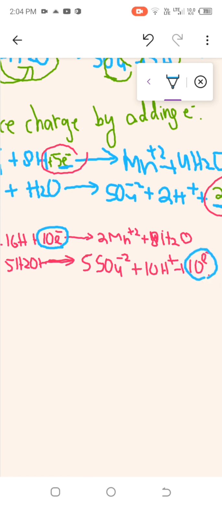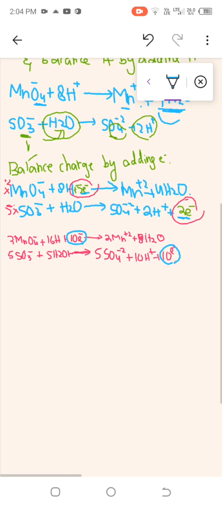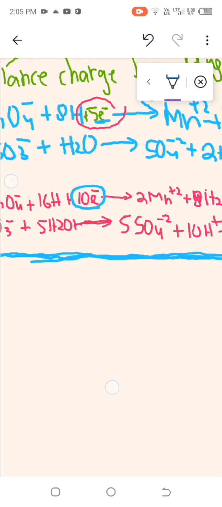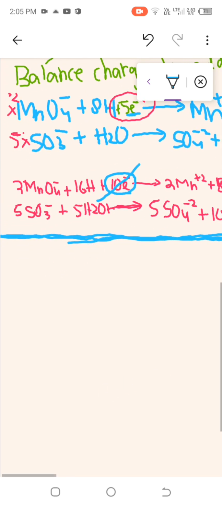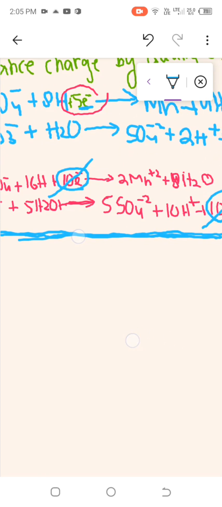Now we will add these both terms. So here this electron and this electron will be cancelled with each other, and here we have 5 water molecules and here we have 8 water molecules.